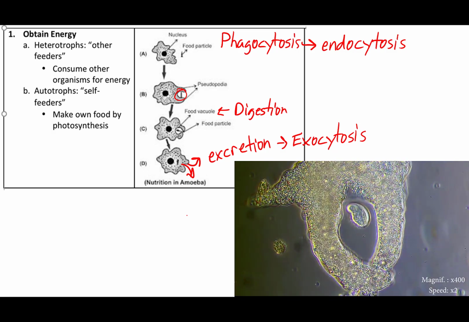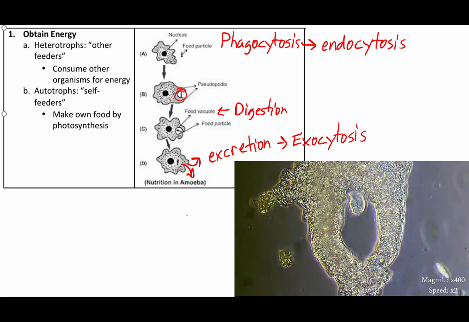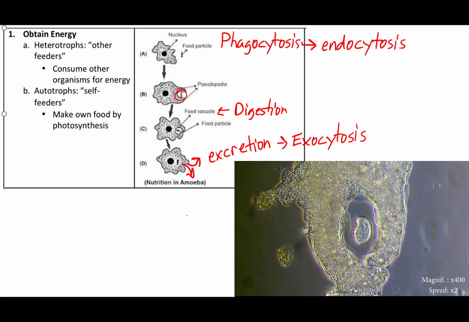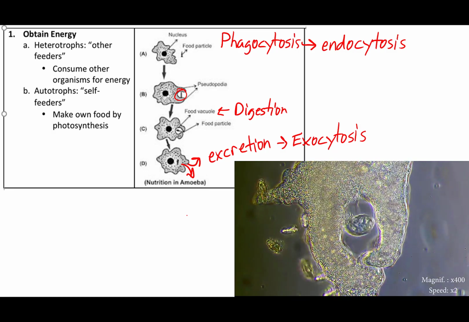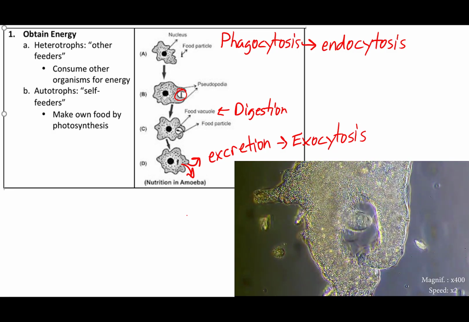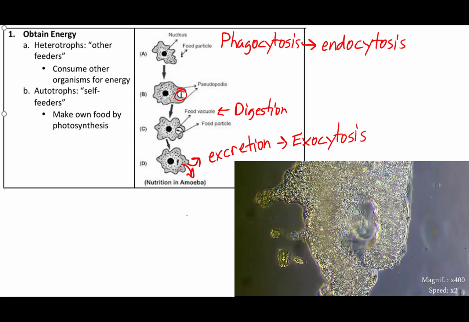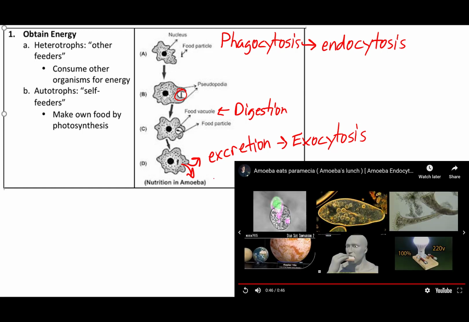Then this is going to start to fold in once it recognizes it's got a food particle in there, and turn this into a food vacuole that they'll bring that lysosome in and start to digest and break it down. And poor little paramecium, smothered alive.